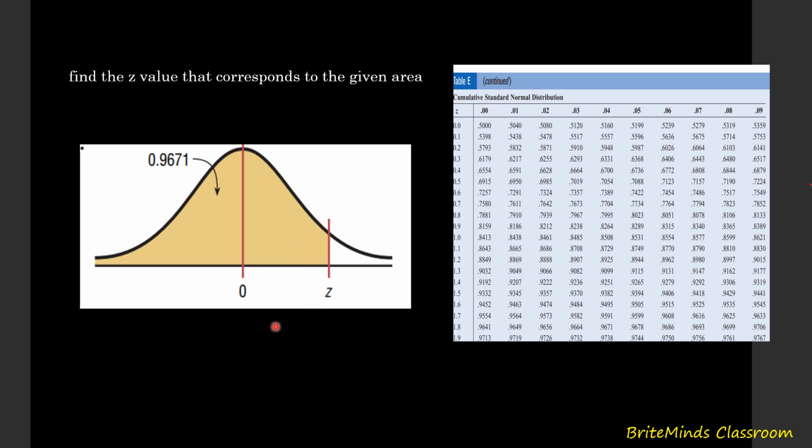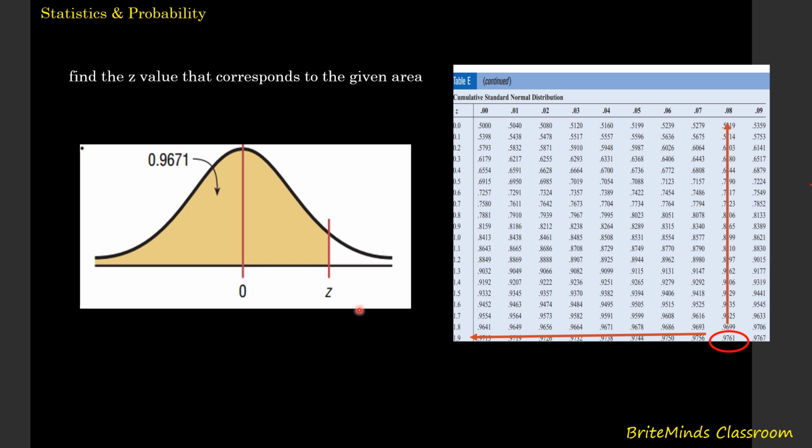According to the procedure table, if the area, which is the shaded one, is located to the left of the z, we will locate the 0.9761 in our table of values, and the corresponding z value of 0.9761 is 1.98.